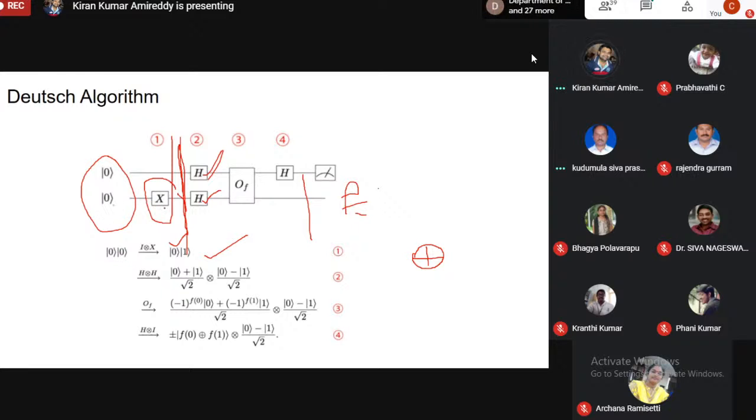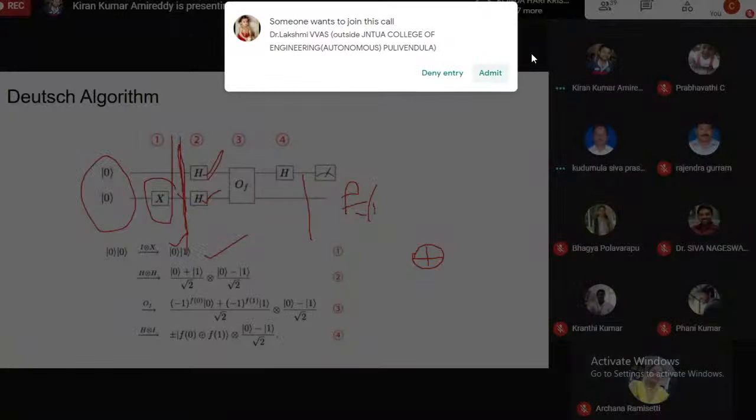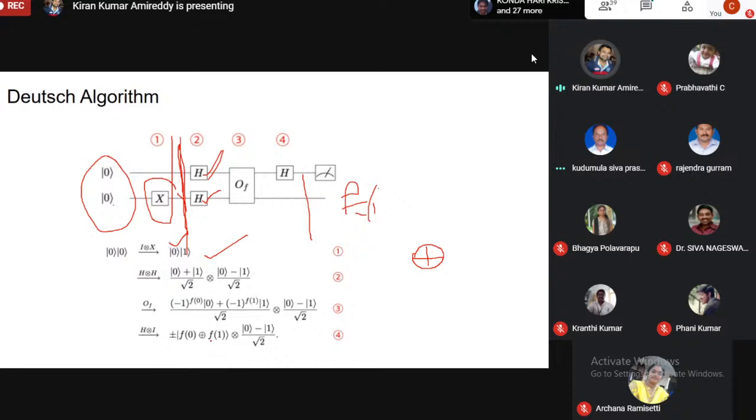Similarly, we can operate all these gates, and we end up with the binary addition f of x plus f of y, when x and y are the two qubits. If there are more, it will search in between. That's why we are operating this oracle function.